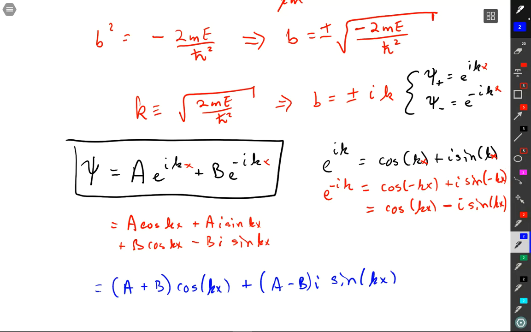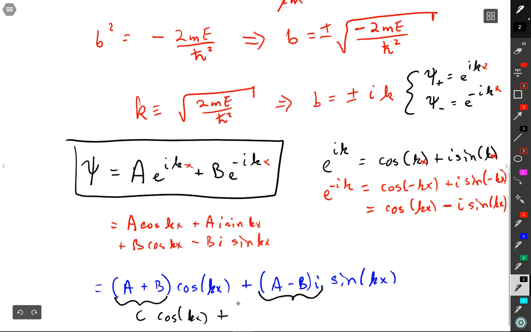So I just have two constants. These are two different constants, but they're linearly related to the original. So I'll call this here c times cosine of kx plus, and I'll call this a minus b times i, sine kx. And this is psi in region 2.